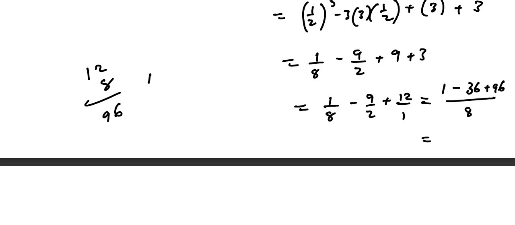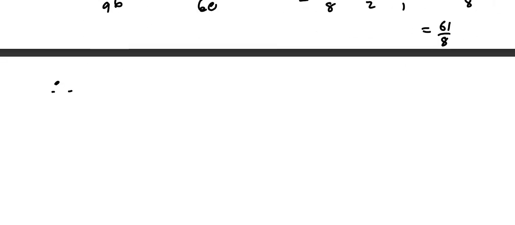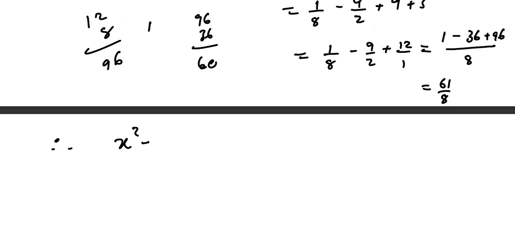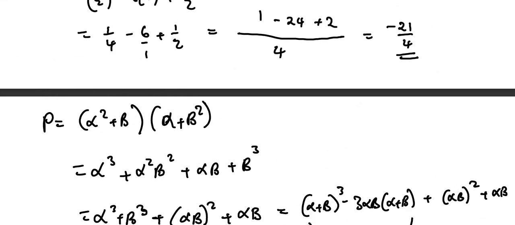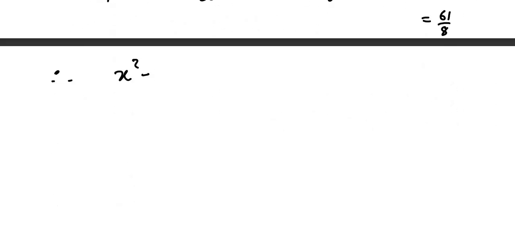So now we can do the substitutions and subtractions. It's going to give us a 61. So this is a 61/8. So now that we know what the product and the sum is, the quadratic is simply going to be x squared minus the sum x. The sum gave us, remember, -21/4 x.